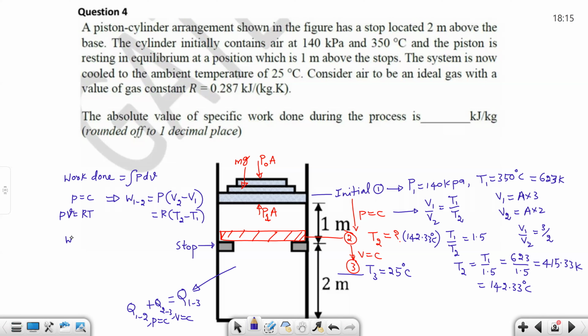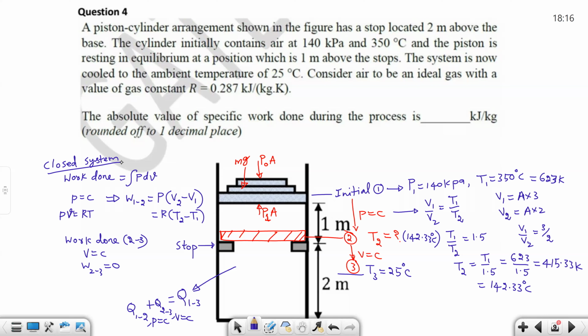So work done during the volume constant process, work done in the process 2 to 3, volume constant, will be 0 because integral PdV will be 0. So it's a closed system. Piston and cylinder assembly is a closed system. So only for a closed system, the work transfer will be integral PdV.